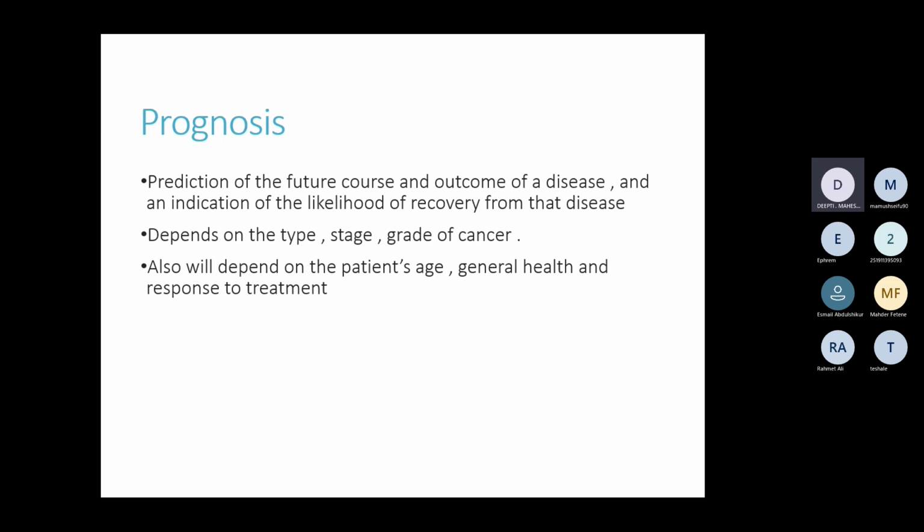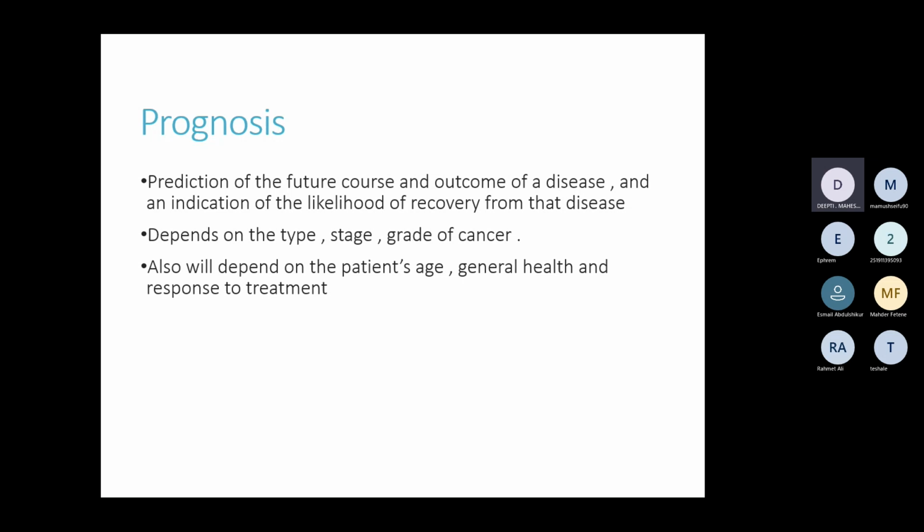On the type of the cancer, the stage of the cancer, and the grade of the cancer. Also it will depend upon the patient's age. Yes, because if it's an elderly patient, then the chances of healing or the recovery are slow. If it is a younger patient, it can be faster. So it depends on the patient's age also and the general health.